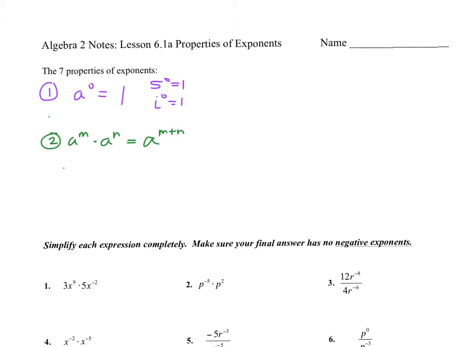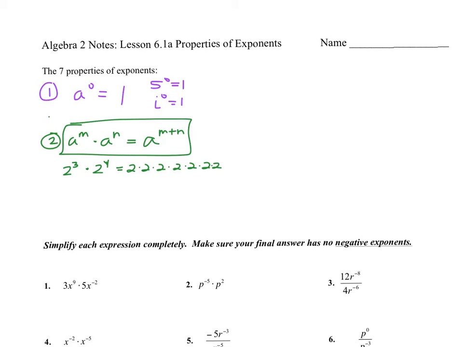If you have 2 to the 3rd power times 2 to the 4th power, think about what 2 to the 3rd power is. It's 2 times 2 times 2, times 2 to the 4th power, 1, 2, 3, 4, right? That is 2 seven times. So 2 to the 7th power. Okay, so if you don't remember this, you can always just plug in numbers and think about what that looks like, right? That's what that one would look like.